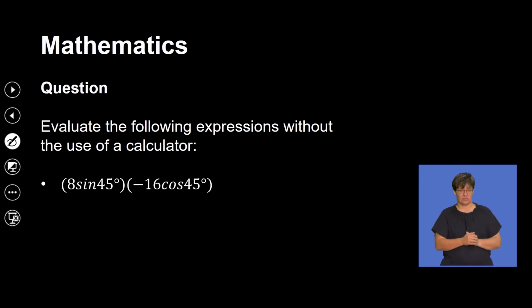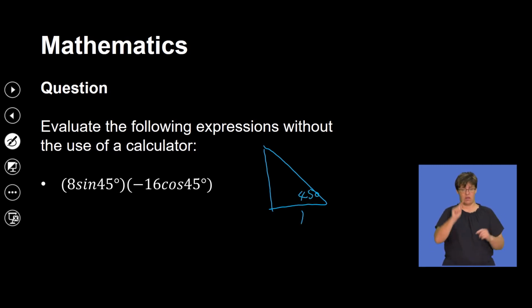The last question is 8 sine 45 degrees minus 16 cos 45 degrees. Now I only have a 45 degree one, so I will draw the 45 degrees triangle. That's 1, 1, square root of 2. I don't need to include the other 45 really, because if this is 45 and those sides are equal, automatically it makes the other angle 45 because this is an isosceles triangle.